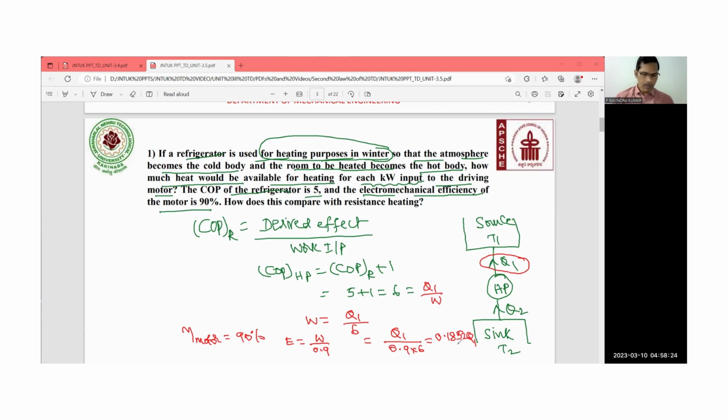So it is given that for each kilowatt, if you consider this particular thing, almost it is 18.52%. 18.52% of heat is used for the direct heating.